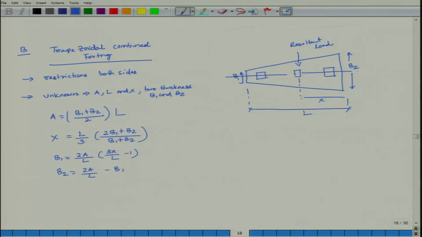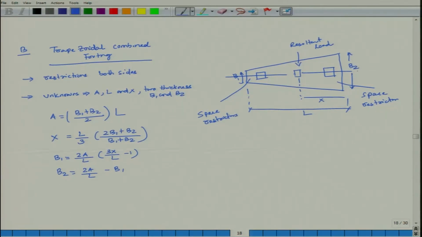So, once again I am repeating, trapezoidal combined footing is applicable when on both sides, this side as well as this side, there are space restrictions. That means here there is a space restriction, also this side is a space restriction.